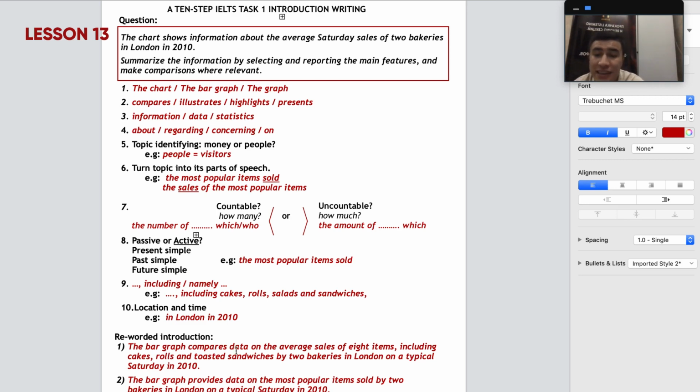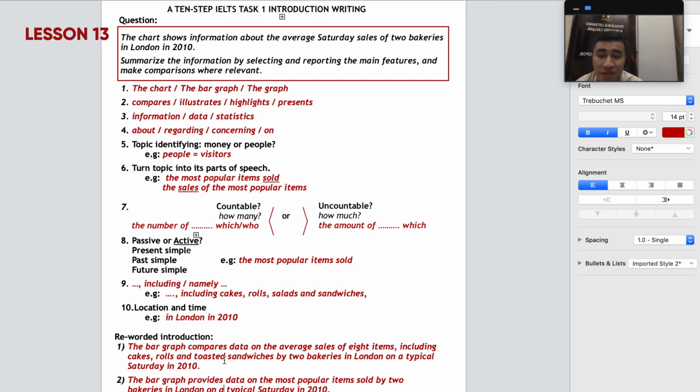The bar graph compares data on the average sales of 8 items, including cakes, rolls, and toasted sandwiches by 2 bakeries in London on a typical Saturday in 2010. Or second version here, the bar graph provides data on the most popular items sold by 2 bakeries in London on a typical Saturday in 2010.